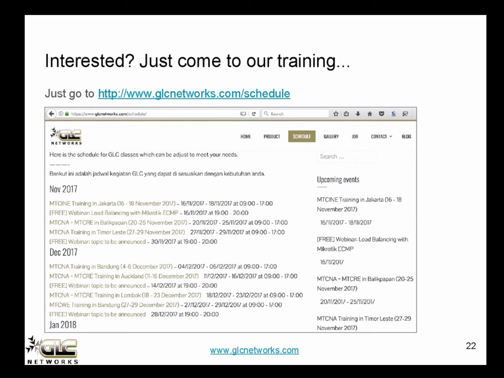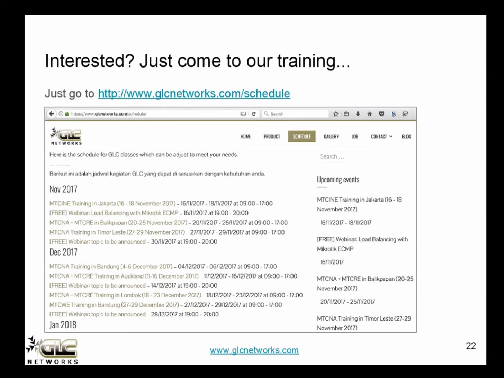If you do load balancing and traffic control, you need to attend MTCTCE, Traffic Control Engineer. If you want to apply User Manager or hotspot, you need to attend MTCUME, User Manager Engineer.